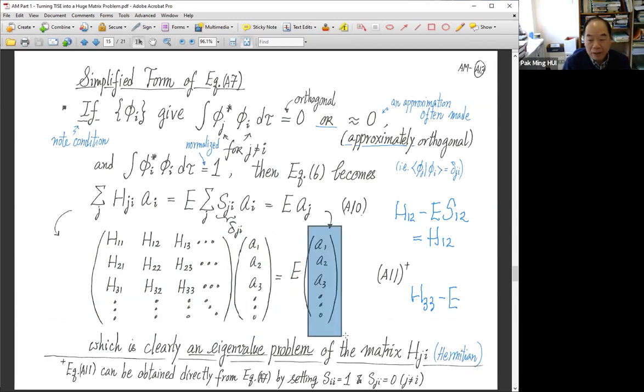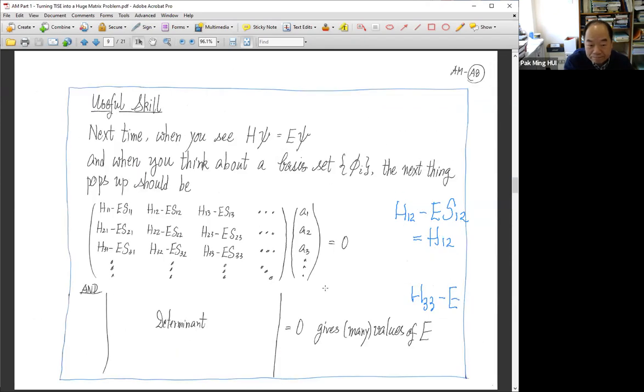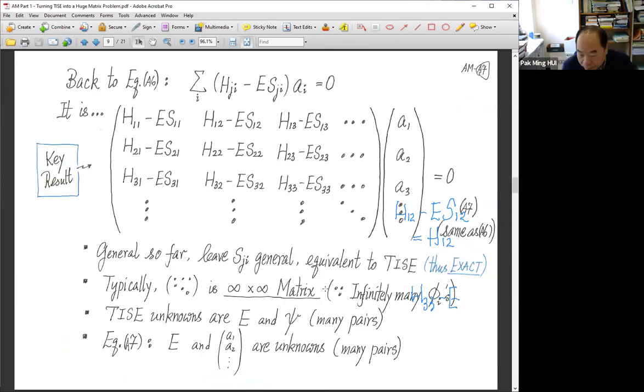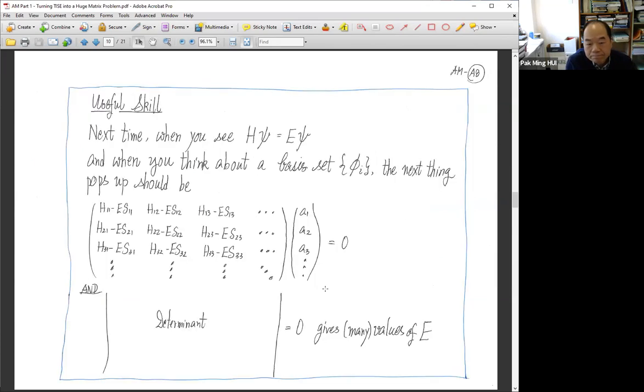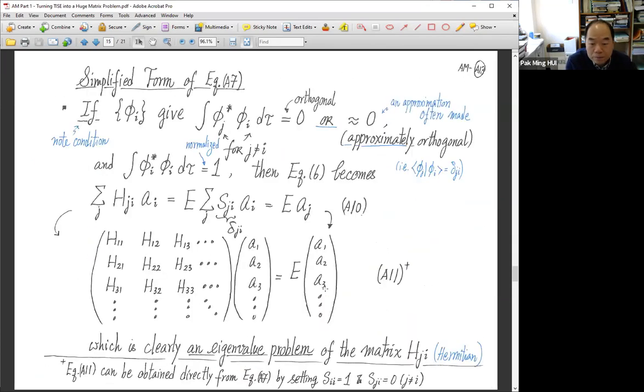Okay? Although I must stress, the most general form is not this one. The most general form is equation A7. This one. Let's clear it. Okay, it's this one. So we have some simplification if we assume orthonormality.